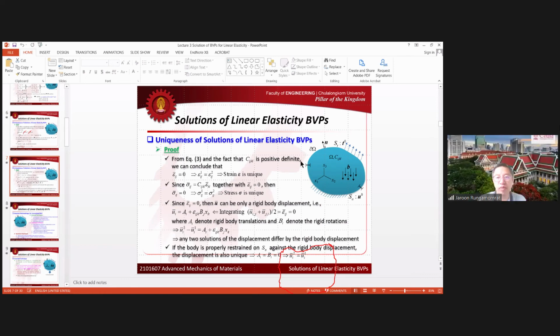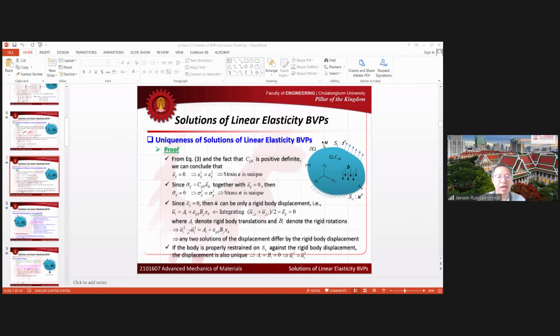If you take a look at the end of the proof, we have strain epsilon bar ij equal to 0. But that one cannot imply that U bar has to be 0. So U bar here has to be expressed in terms of the displacement that is rigid body motion. That part is what I call rigid body motion.